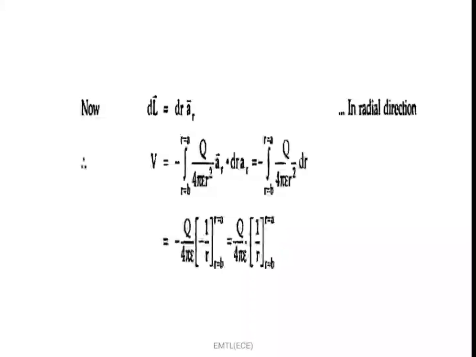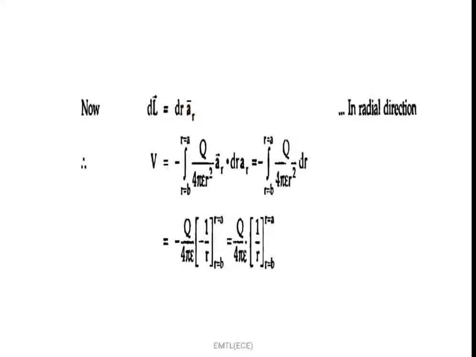But we have to take only the a_r bar component, because the electric field lies along the direction of a_r bar only. So we simply neglect the a_theta and a_phi unit vectors. The expression for dl in the spherical coordinate system is dr a_r bar.